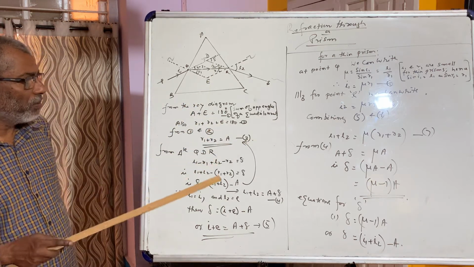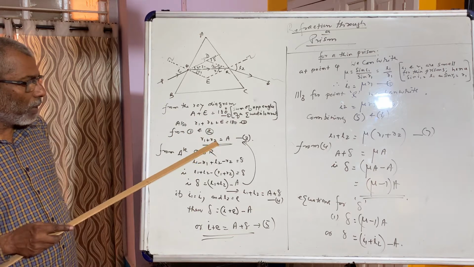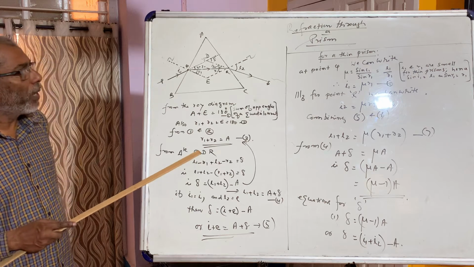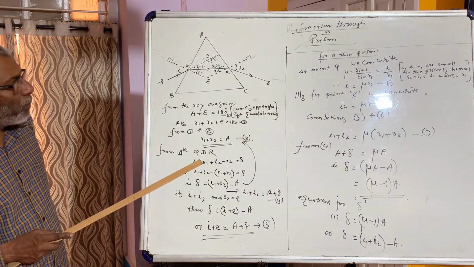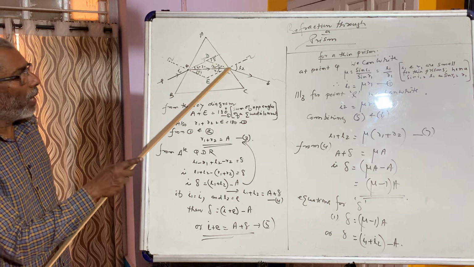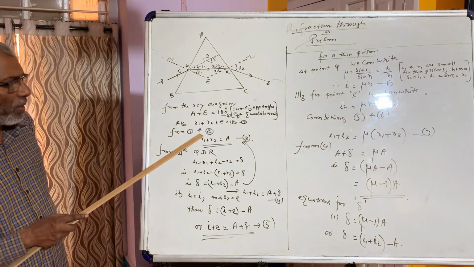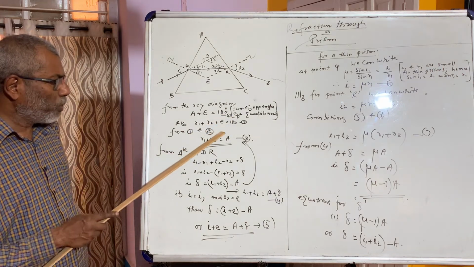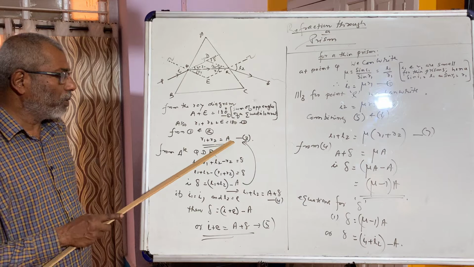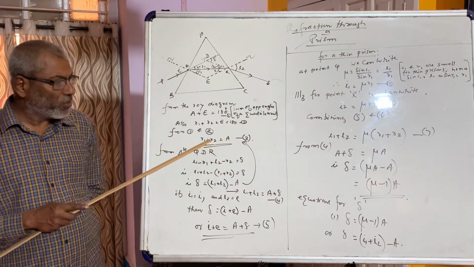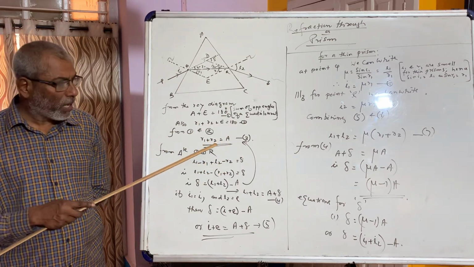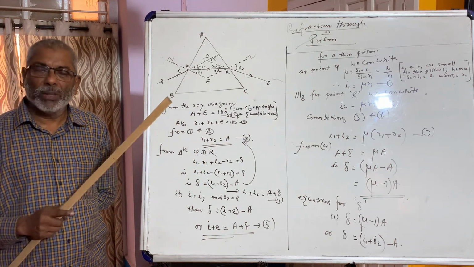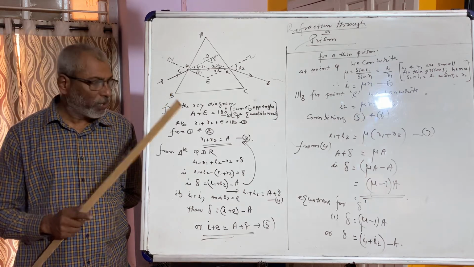This is equation number 2. From equations 1 and 2 we can write R1 plus R2 is equal to A. The angle of the prism is equal to R1 plus R2. Here the angle of the prism means the angle between the two refracting surfaces of a prism.